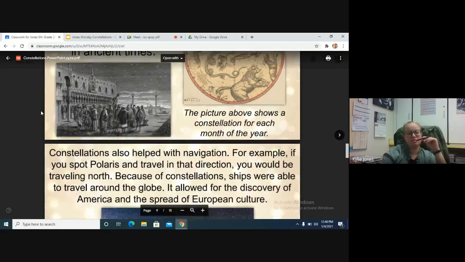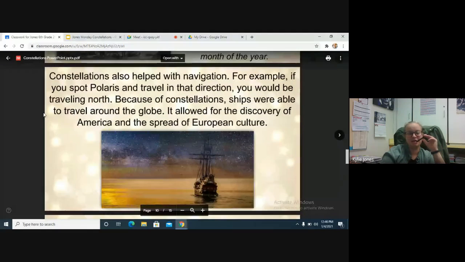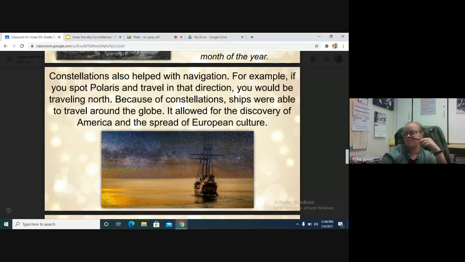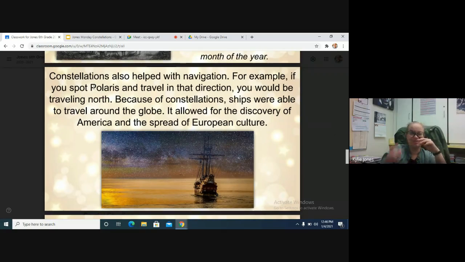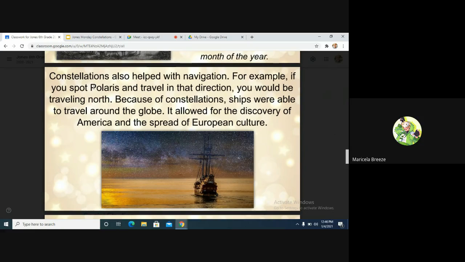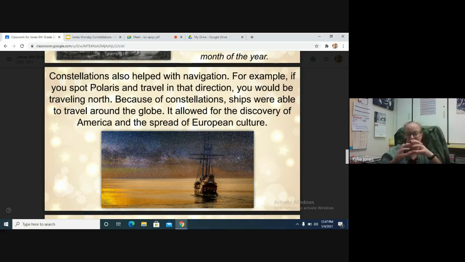Okay, our next one, slide 10, says constellations also helped with navigation. For example, if you spot Polaris, do you guys know what Polaris is? Have you heard of that one before? I don't think I have. Polaris is the North Star. It's the brightest star in the sky, and it is always in the north.